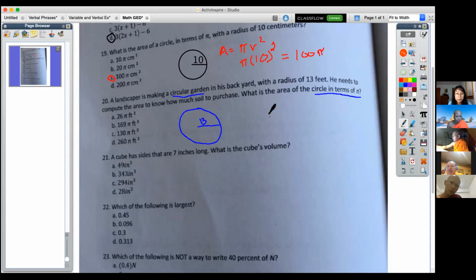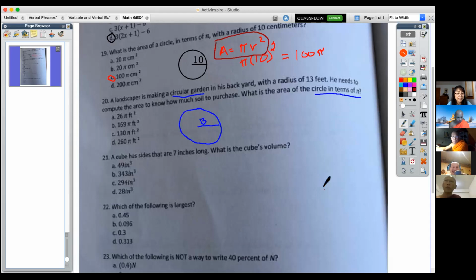So what's your answer? A, B, C, or D? Remember the formula for the area? It's pi radius square. Suppose letter D. Which one?